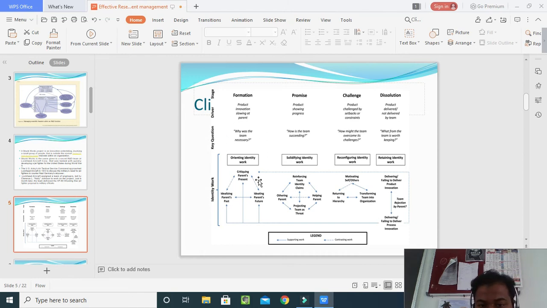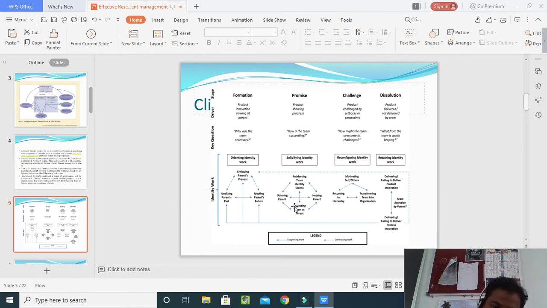This is the main orientation. How is the team succeeding? That means the product showing progress. How might the team overcome its challenges? That means the product challenged by setbacks or constraints. What from the team is worth keeping? That means whether the product delivered well or not, whether it has been utilized or not.